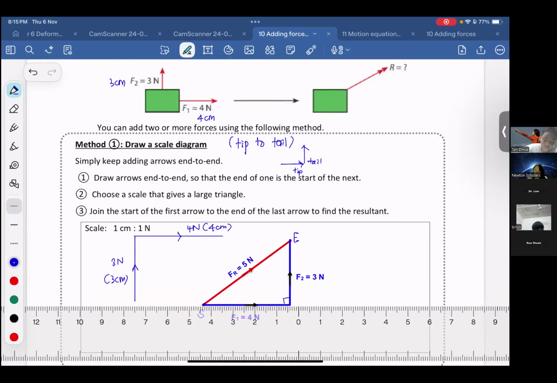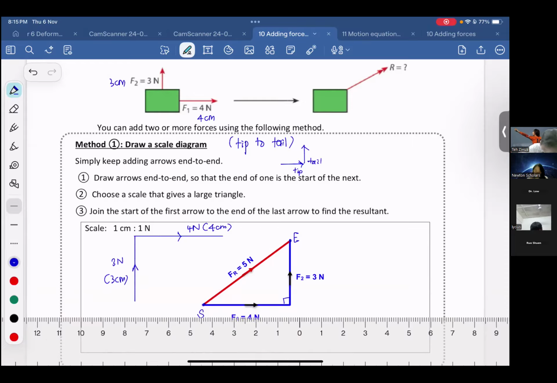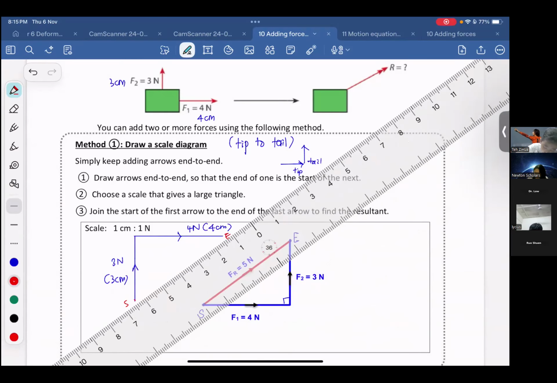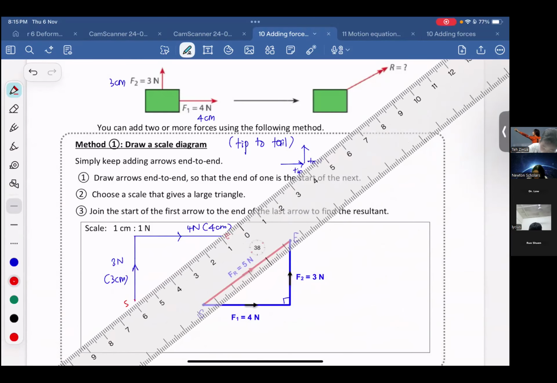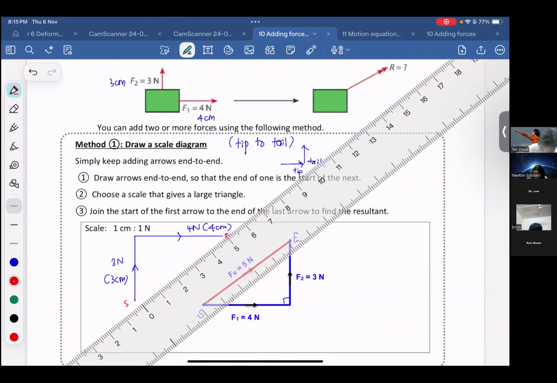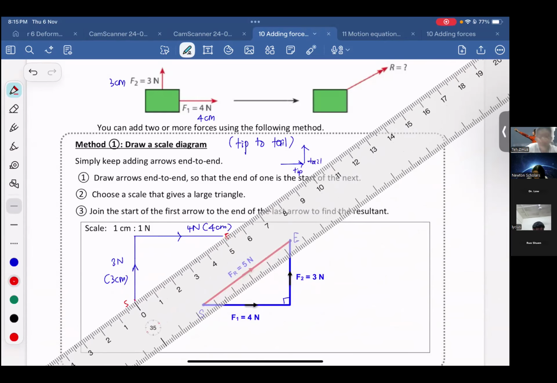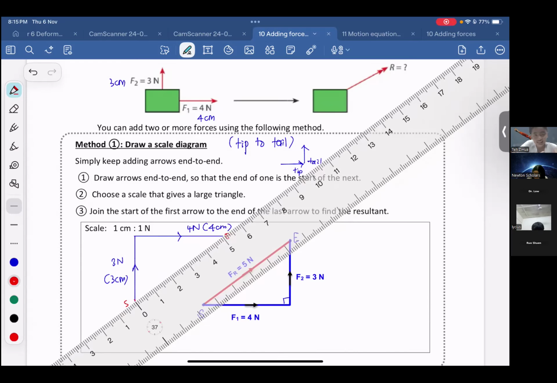As I told you, what is your resultant force? It is from your start to your end. So this is my start, here is my end. Then you move your ruler. Can you see my ruler?